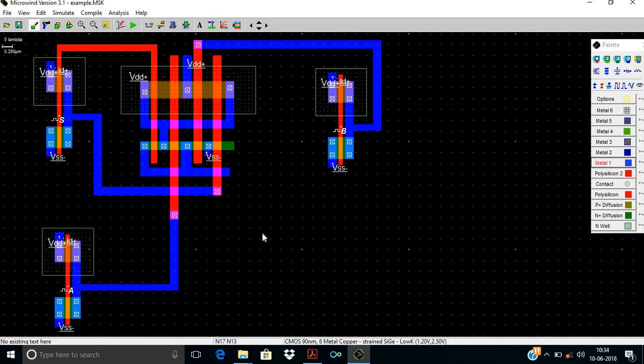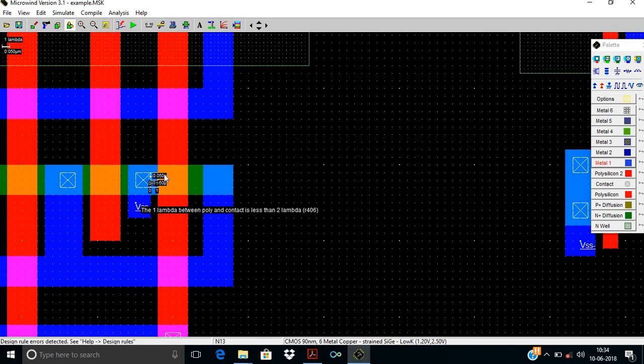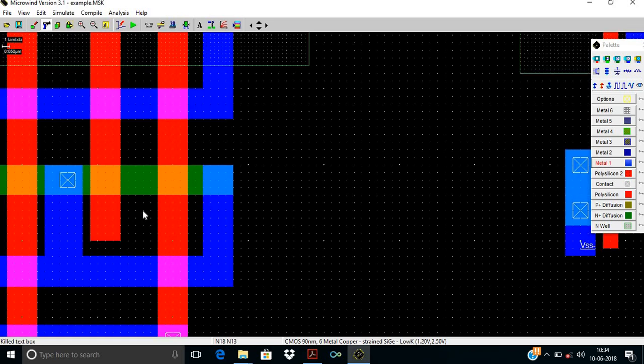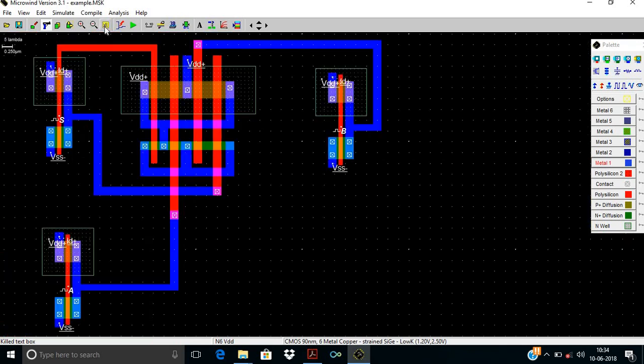We have to resize all the connections and remake all the connections because of some lambda rules violations. Still some violation of the rules, one lambda. We will delete this and again make the connection.